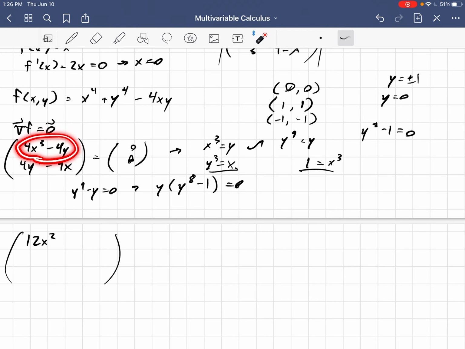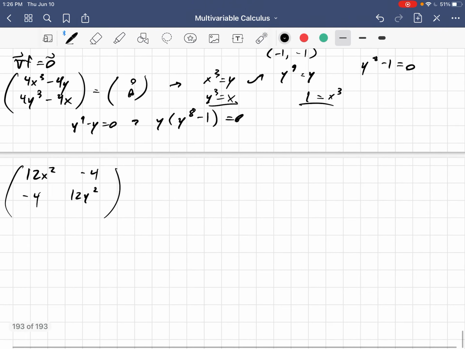If I take the partial of this with respect to y, I get just negative 4. And I also get negative 4 here, because the order in which I take the partials doesn't matter. And the partial of f with respect to y, again, is 12y squared.